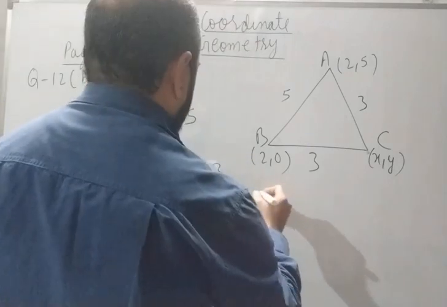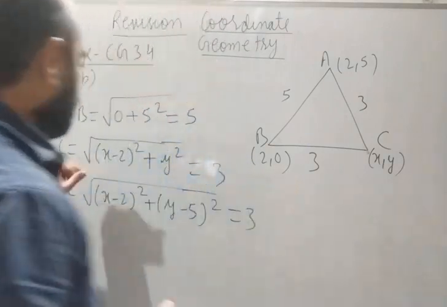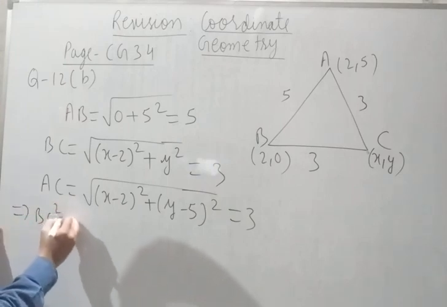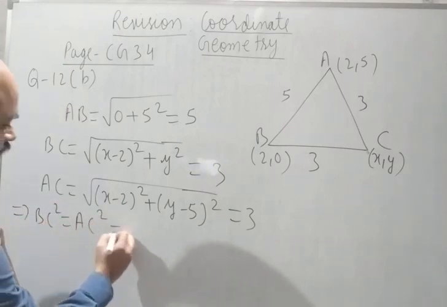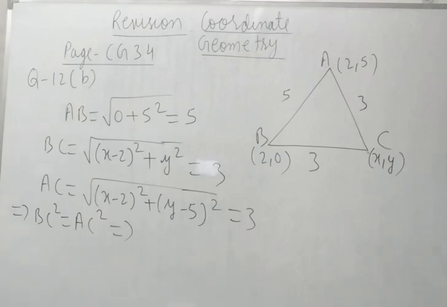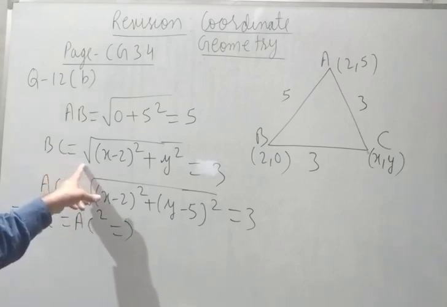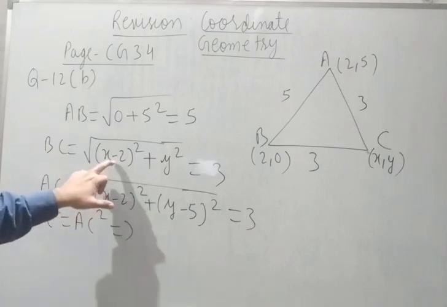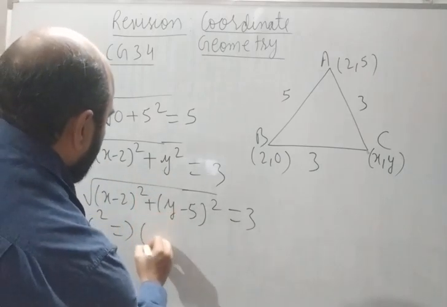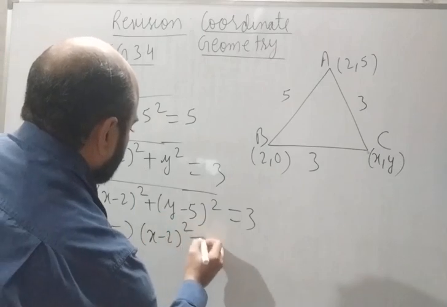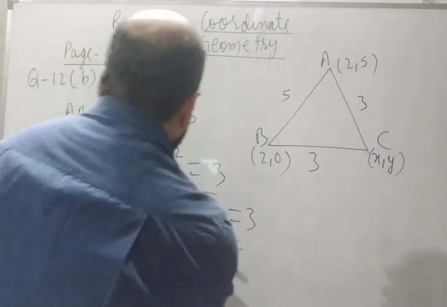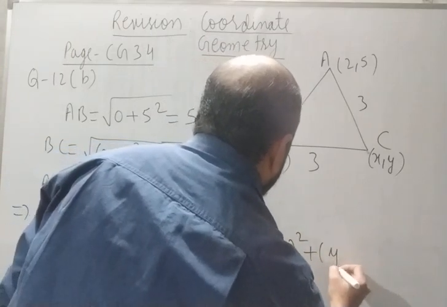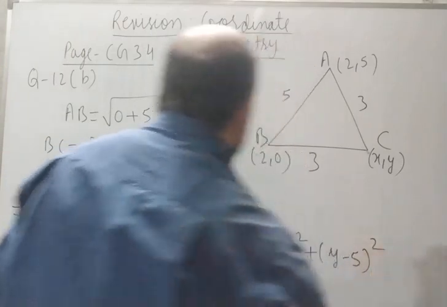If both are equal, it means we can take BC square is equal to AC square. Clear? BC square means square root will be removed. AC square means square root will be removed. So this can be written as what? See, x minus 2 whole square plus y square, and this is also x minus 2 whole square plus y minus 5 whole square.